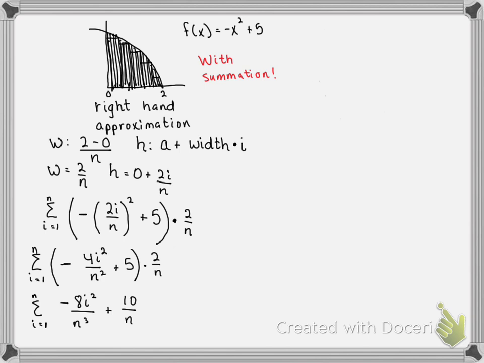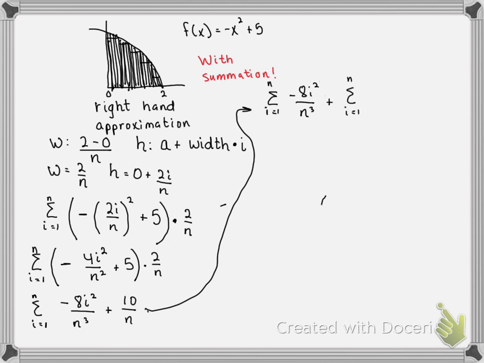Now the next step is to separate those two terms. So we will have the sum from 1 to n of negative 8i squared over n cubed plus the sum from 1 to n of 10 over n. Now we're going to pull out the constant over whatever power of n we've got.